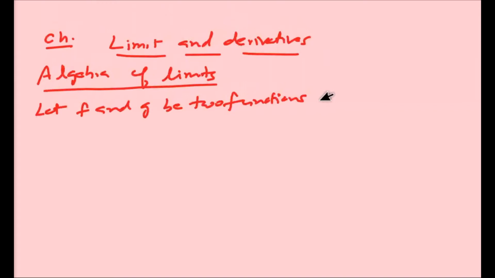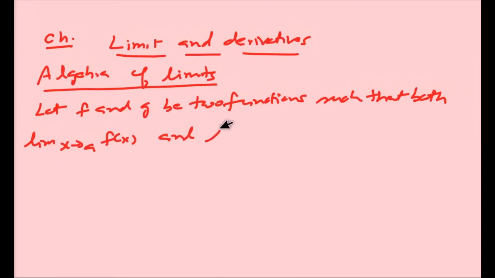such that both limit x tends towards a of f(x) and limit x tends towards a of g(x) exist.